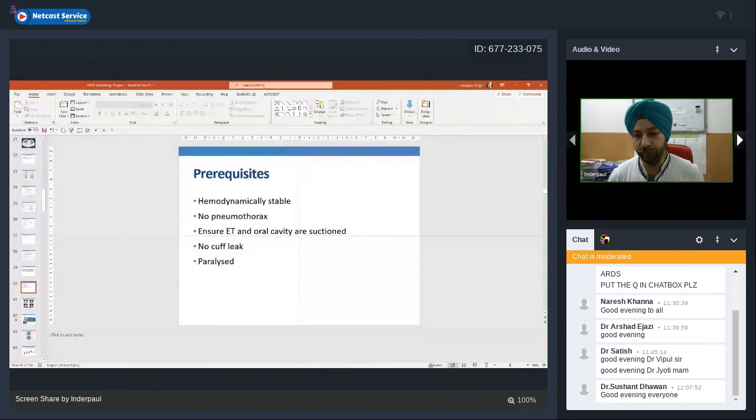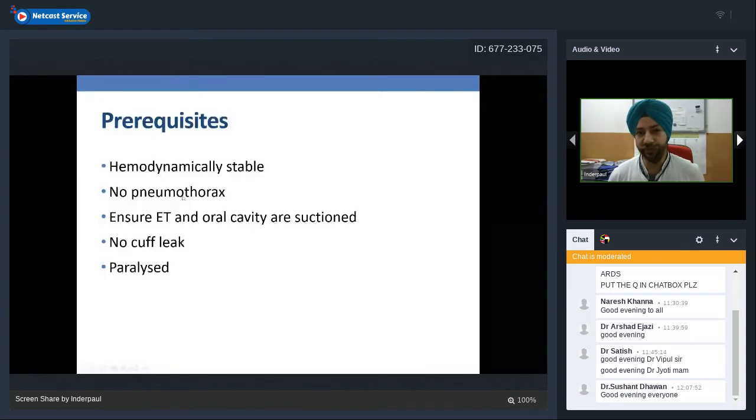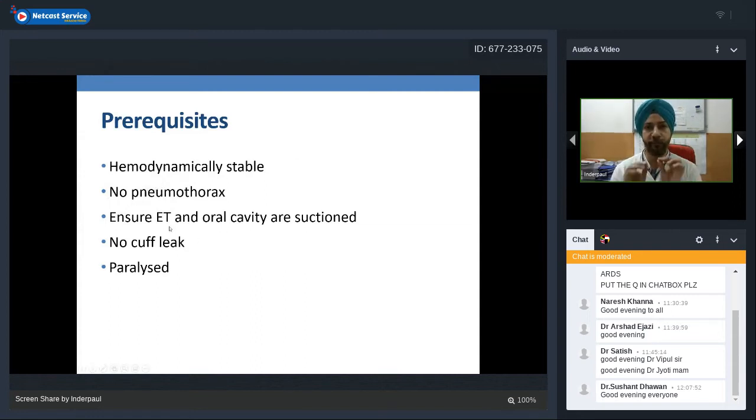But before doing recruitment maneuvers, I would like to draw your attention to some prerequisites. Number one is the patient should be hemodynamically stable. You should not have any shock. You should not be hemodynamically compromised. Number two is you should not have any pneumothorax. Number three is the endotracheal tube should be properly placed. Ensure that there are no endotracheal tube secretions or oral cavity secretions.